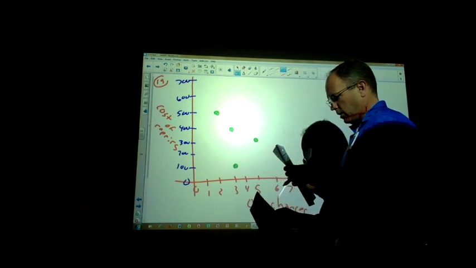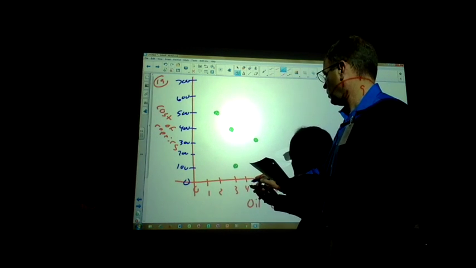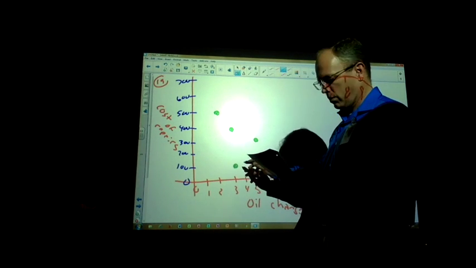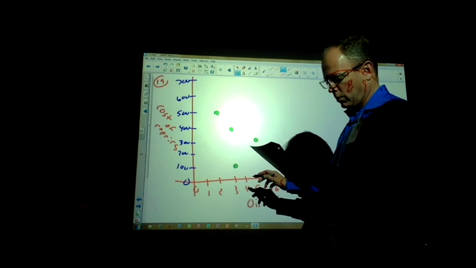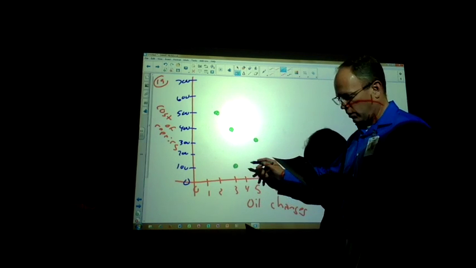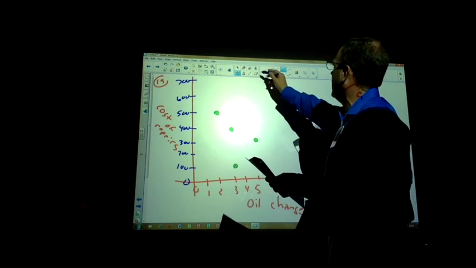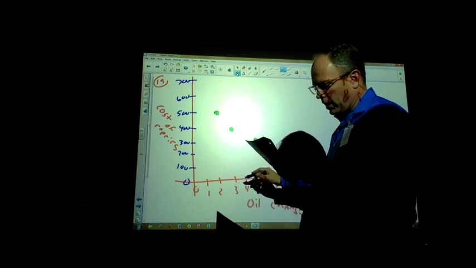Wait, the first point was 3 comma 300. You labeled it as 3 comma 100. It says that on the, no, but it said it has 2 points. I have 2 of them, right? Yeah, you're. Oh, hang on. Wait, no. Oh, I see what you're saying. This one's an error. Is that what you're saying? Yeah, you're right. 3 comma 300.